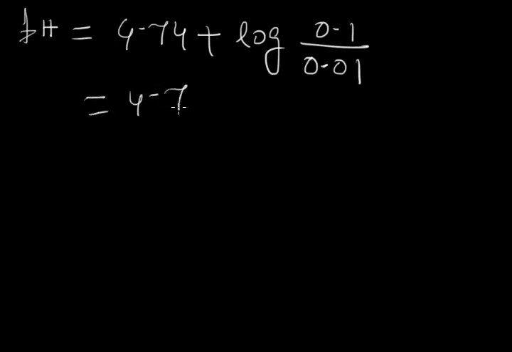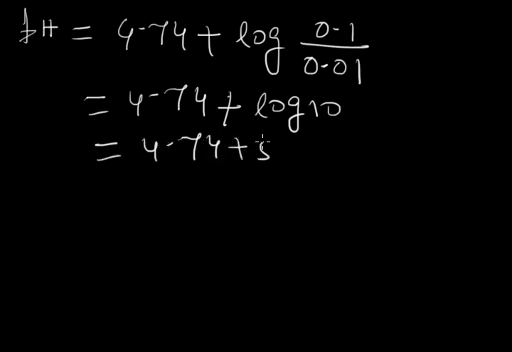So it is 4.74 plus log of 10. We know that log 10 is 1. So the value is 5.74. So the pH of the sodium acetate acetic acid buffer, which contains 0.1 molar sodium acetate and 0.01 molar acetic acid, is 5.74. Similarly, we can calculate different types of buffer solution.